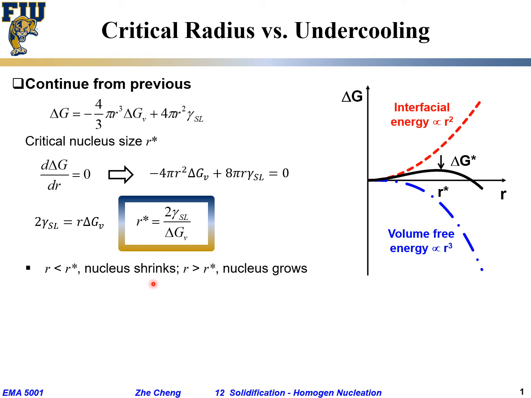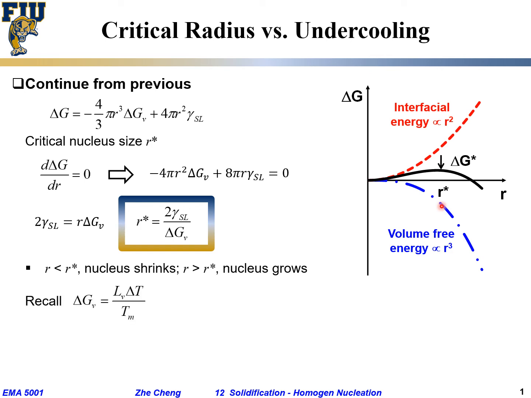On the other hand, if occasionally I have a cluster that is slightly larger than this r star value, then what would happen? In order for it to shrink, it has to increase energy. But it's much easier and spontaneous for that cluster to continue to grow, roll down the hill. So that's the implication or meaning of this r star value, the critical radius.